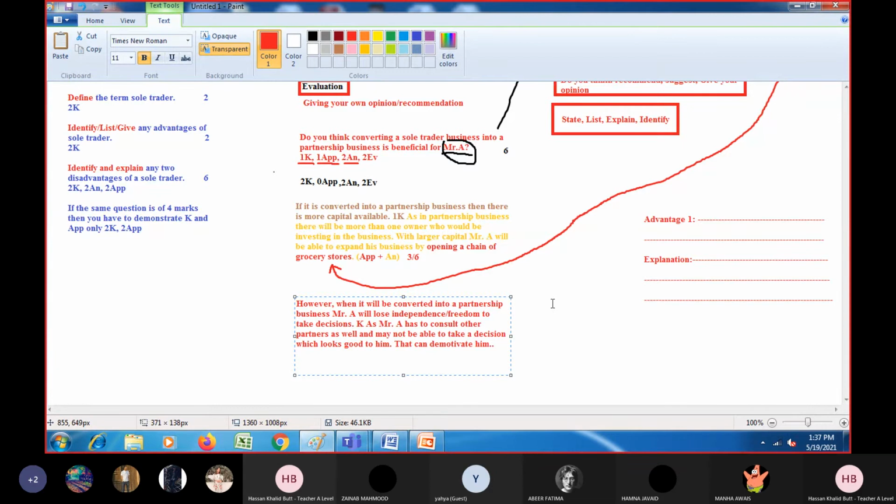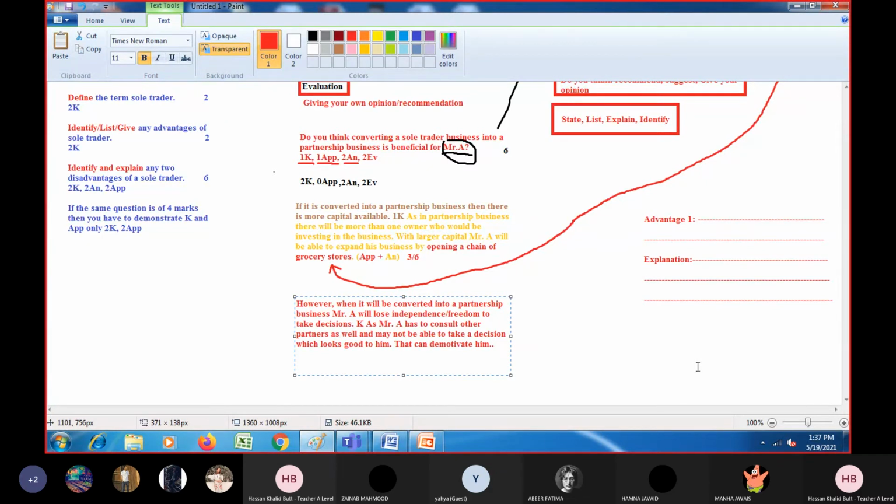Now, I was hoping that you will mention that Mr. A is not an application, to your surprise. Why? Remember, whenever you mention the name of the business or the owner, it is not considered as application at all. So yes, you can write grocery store, it's fine, but you cannot write the name.